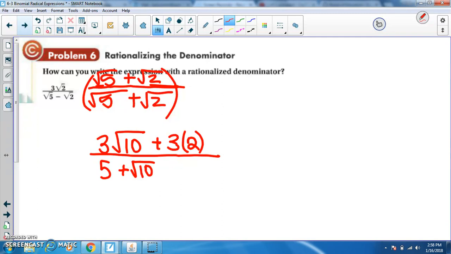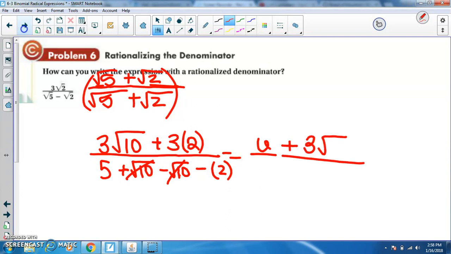Negative root 2 times root 5 is minus root 10. And negative root 2 times root 2 is minus 2. Middle terms cancel. We are left with 6 plus 3 root 10 over 3.